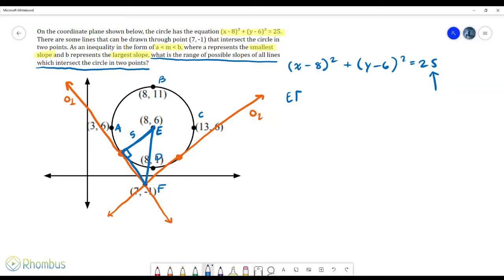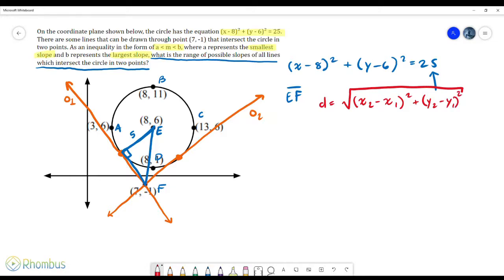We can do that by using the distance formula since we have two coordinates right here. The distance formula is d = √((x2 - x1)² + (y2 - y1)²).